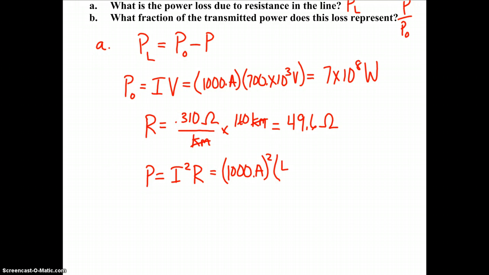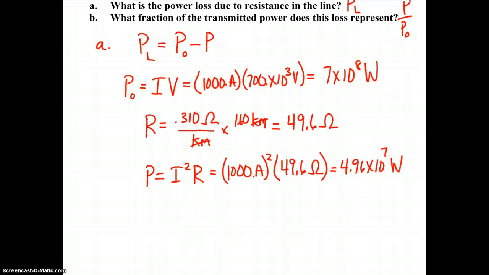Our resistance was 49.6. And so when we calculate that, we get 4.96 times 10 to the 7th watts. Let's see if our answer makes sense.